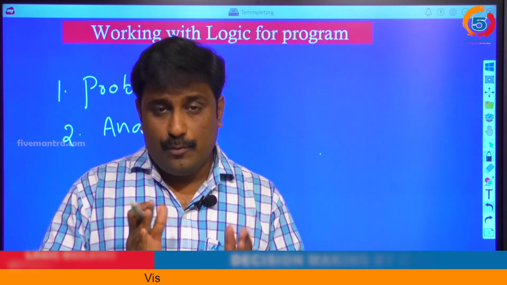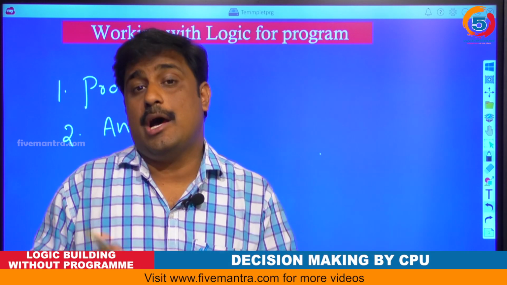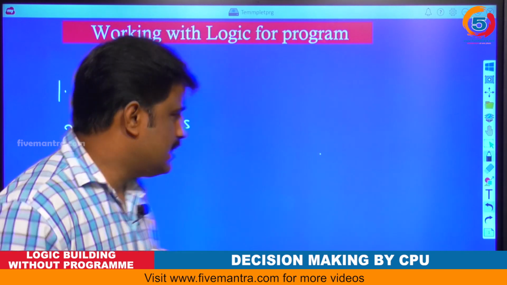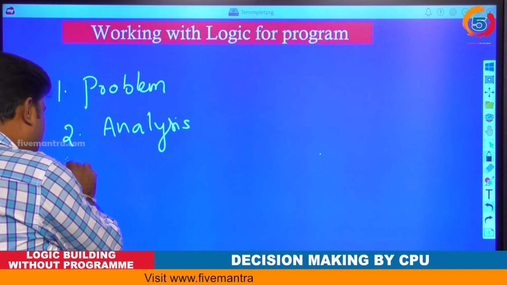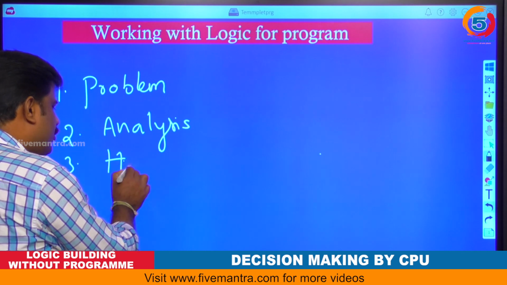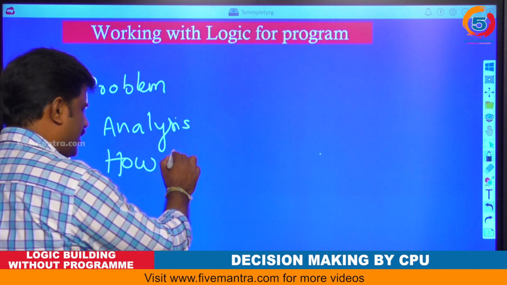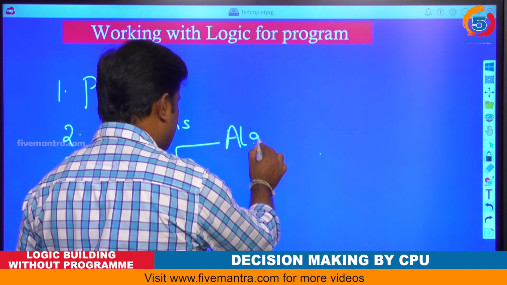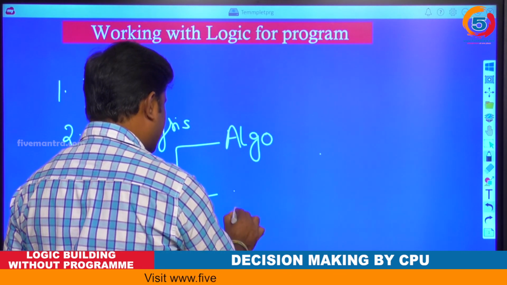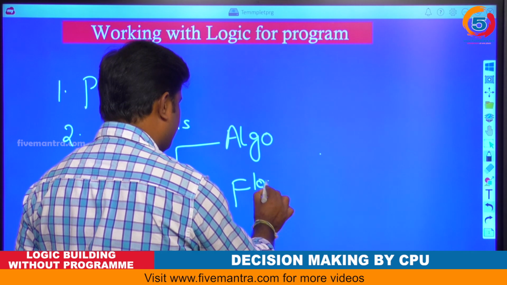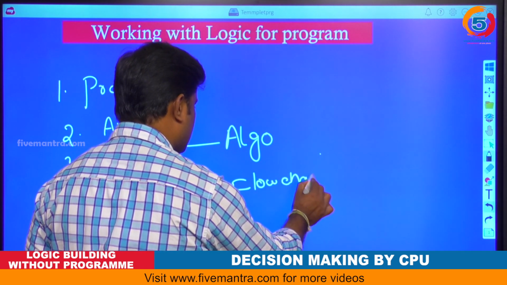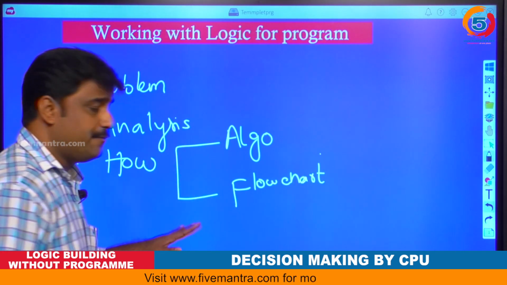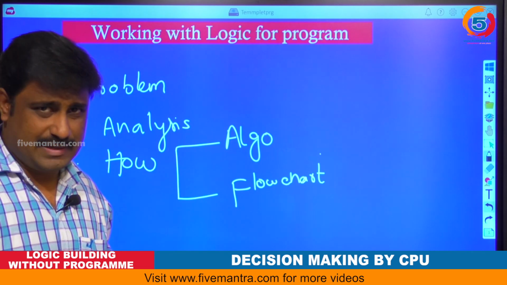Once you know what you want to do, then how to do it will be explained with the help of two representations. One we call algorithms, and the next we call flow charts. Algorithms and flow charts are the two important things we have.